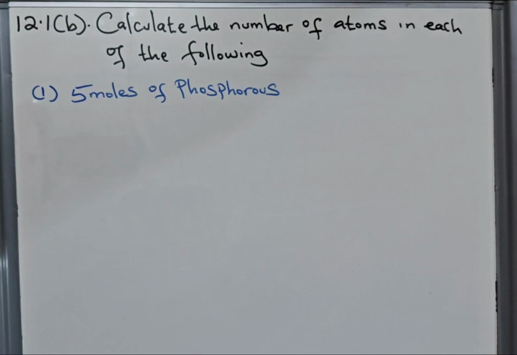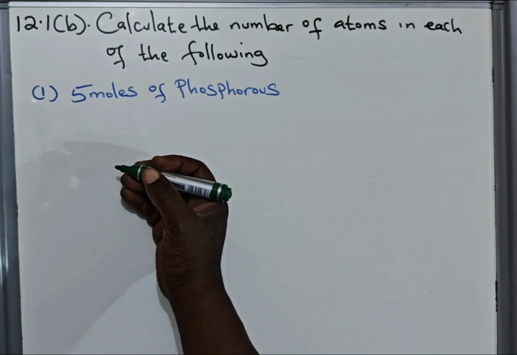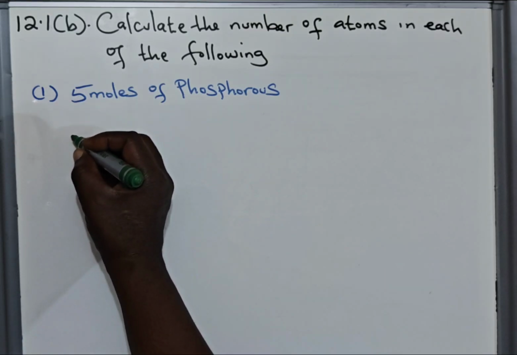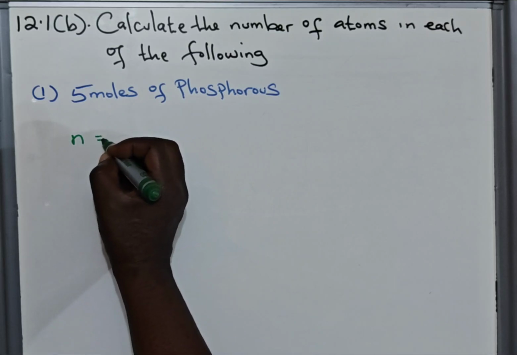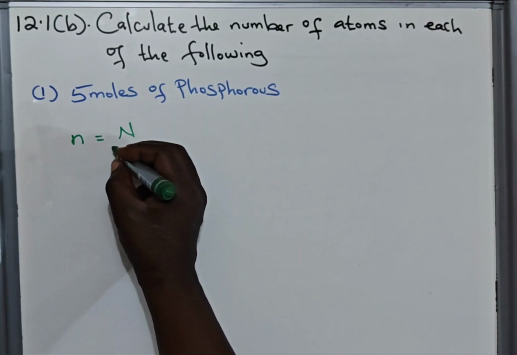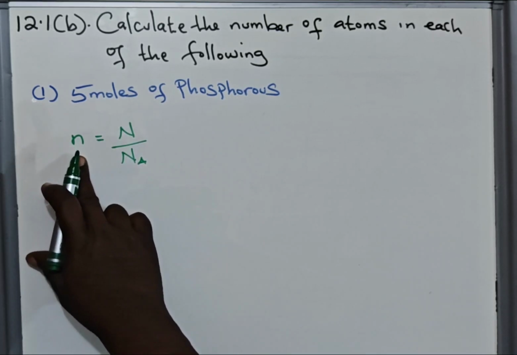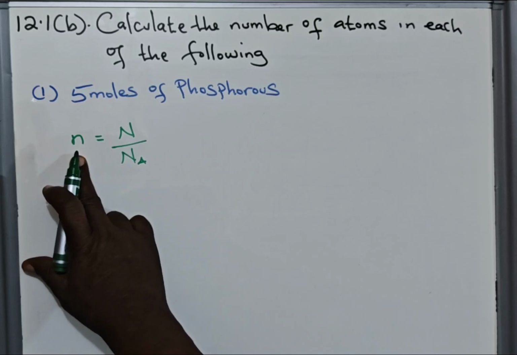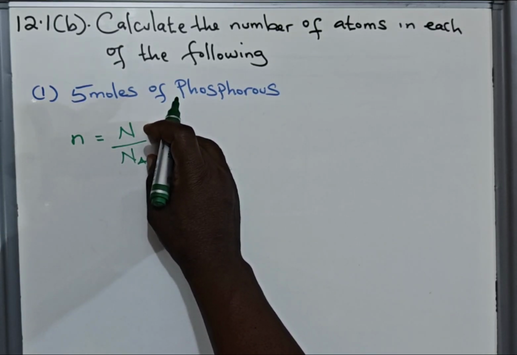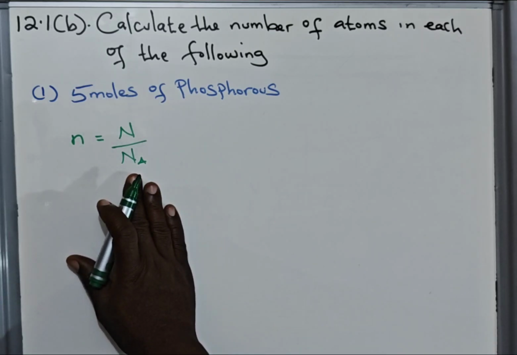I need to remind you here that there is a relationship put forward by Avogadro between number of moles and number of entities, particles, ions. Here n stands for number of moles, capital N stands for number of particles, which can be ions, atoms, and others, and Na is Avogadro number.